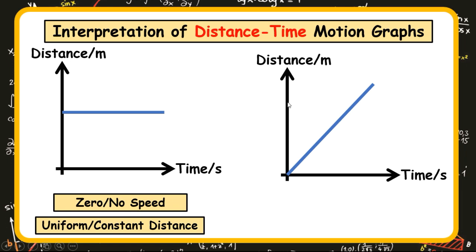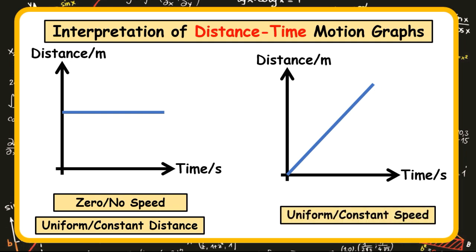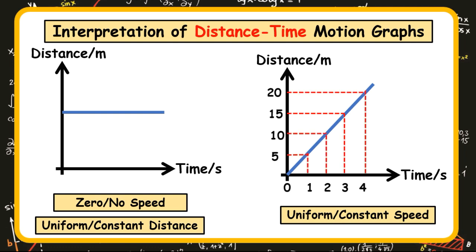Secondly, a graph of distance against time whose plot is this way. Not like the first. It starts from maybe the origin or any part, then it climbs smoothly like this. This graph is called uniform speed or constant speed. It is so called because when you project values on them, as the time progresses, so does the distance. So at a time of 1 second, you have a distance of 5 meters.